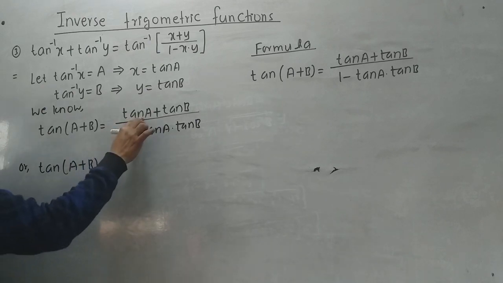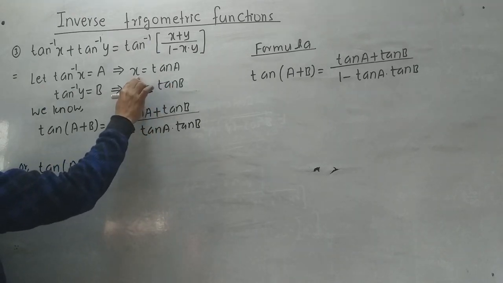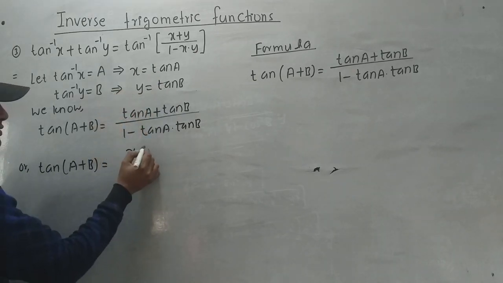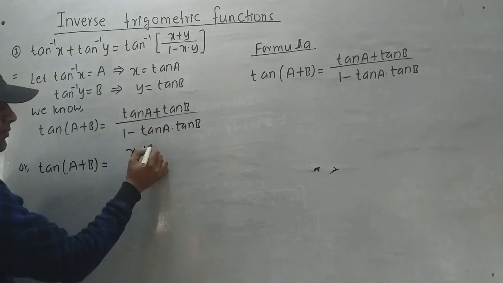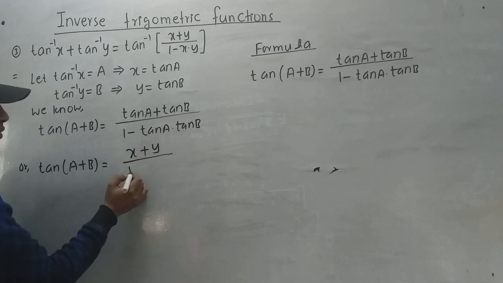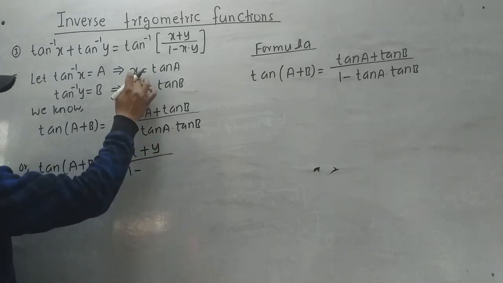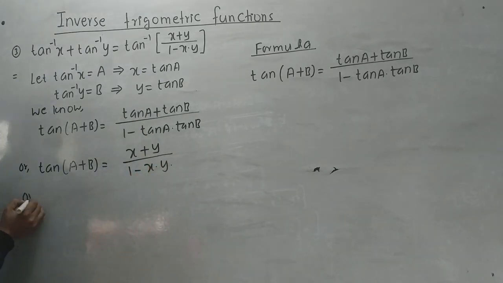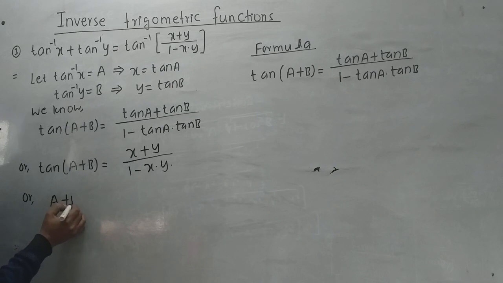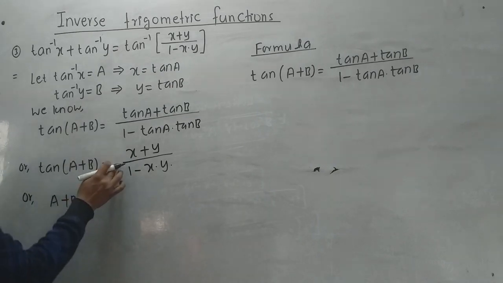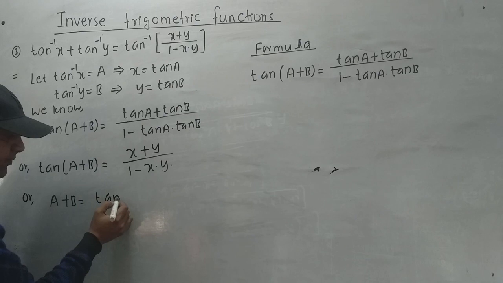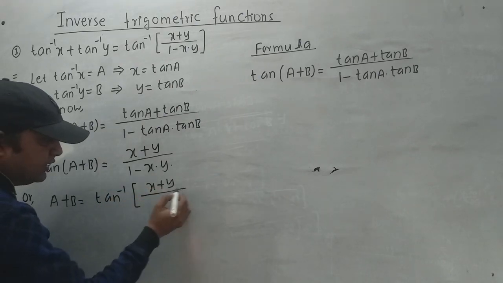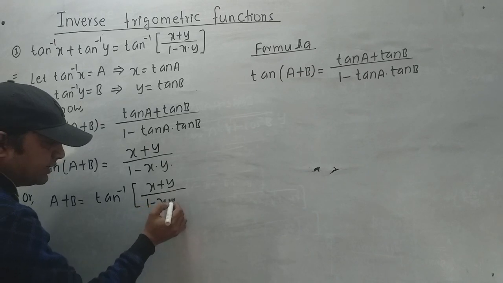Now for this tan A you can replace that by x, tan B you can replace that by y. So tan A is x plus tan B is y whole divided by 1 minus tan A is again x, tan B is y. So write here x times y, and here you leave that A plus B. Now tan you can take to the right hand side. So that will be tan inverse of x plus y whole divided by 1 minus xy.